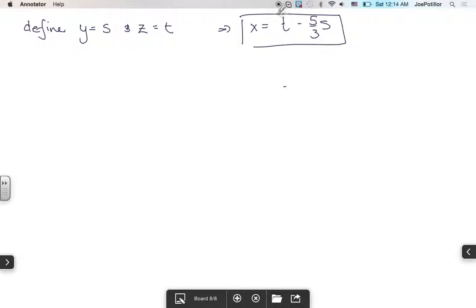And because x is equal to this, we write every answer in terms of the parameters. So every answer for x, y, z will be written in terms of the parameters. So the solution here, you end up with the curly brackets, and then you end up with x, which is t minus 5/3 s. y is, of course, s. z is, of course, t.